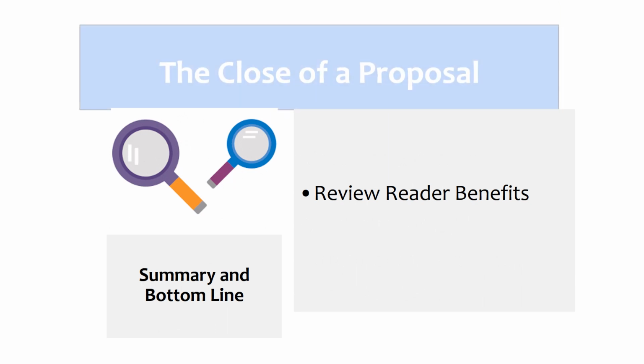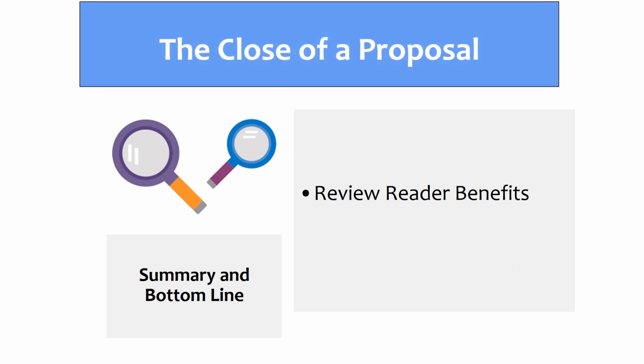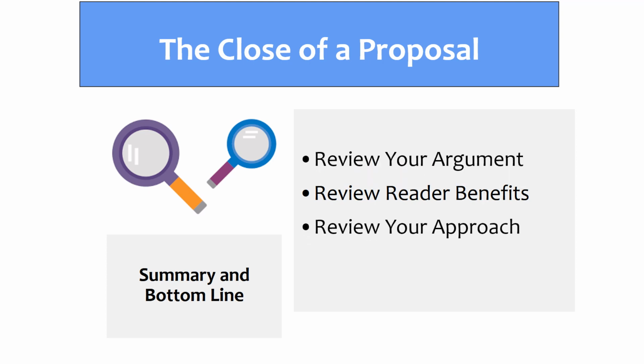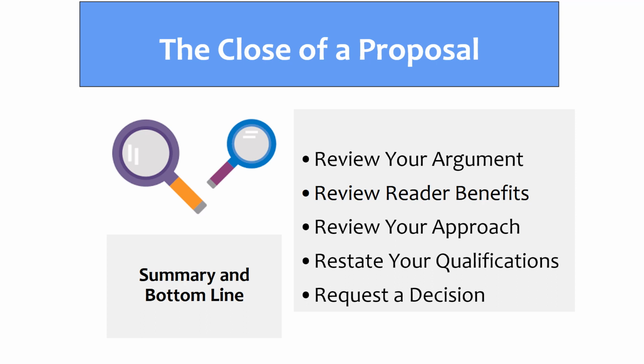In this slide we're discussing the close of a proposal. I'll be going over each and every one. The first is to review your argument, review readers' benefits, your approach, your qualification, and decision.